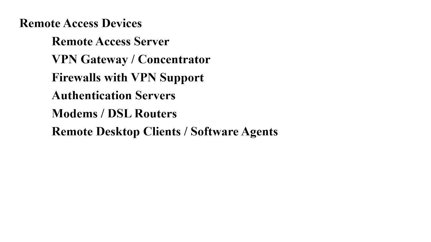And followed by that, the next one is the authentication server. Whenever you are accessing the server, it should verify whether you are a verified user or an unauthorized user. That kind of verification will be taken care of by the authentication server. So these are all the devices.